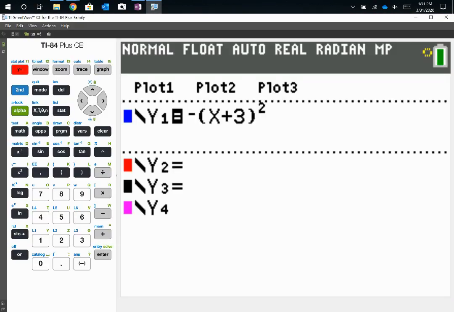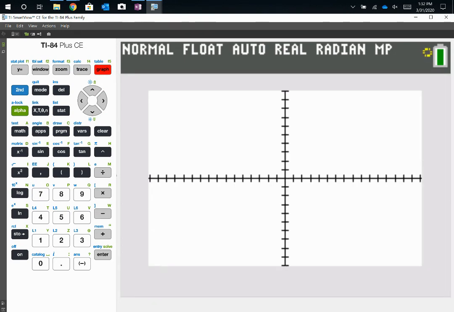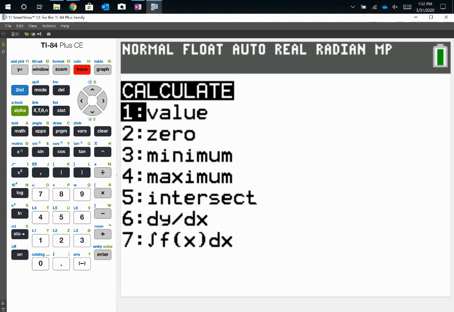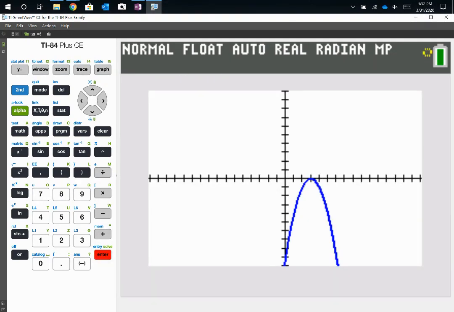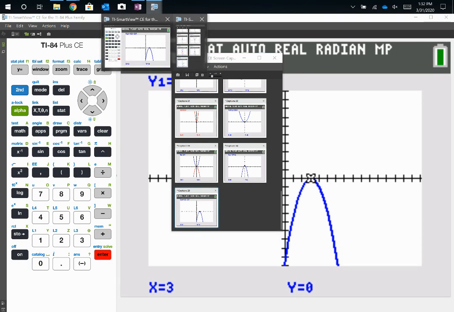Fix that. Minus 3, not plus 3. Okay, there it is. Trace this to, let's calculate a value, say at 3. And I would highlight the vertex for us, capture it, and put it into the notes.